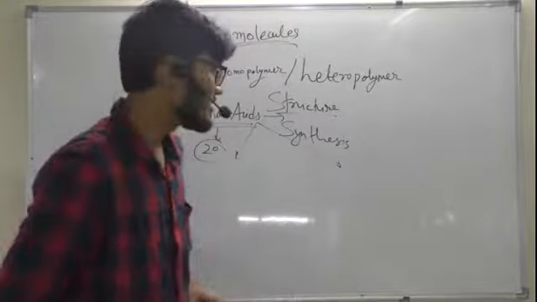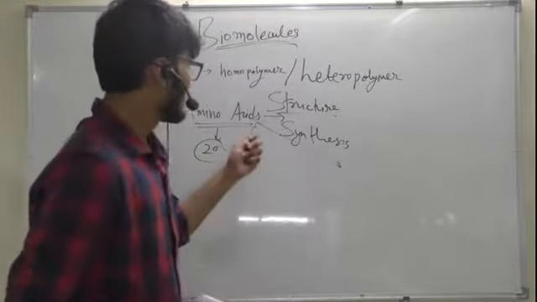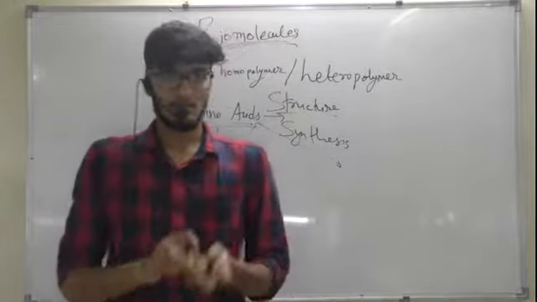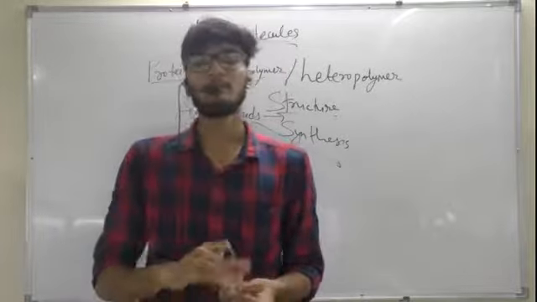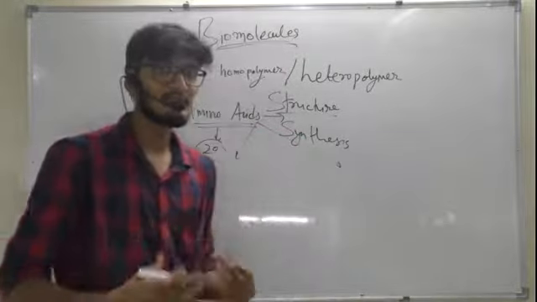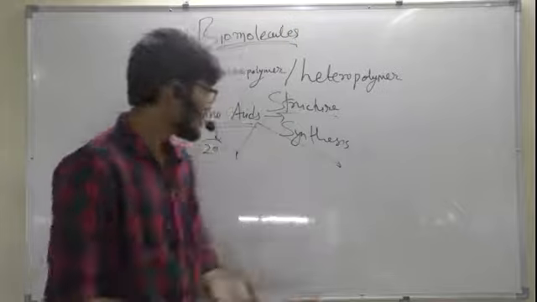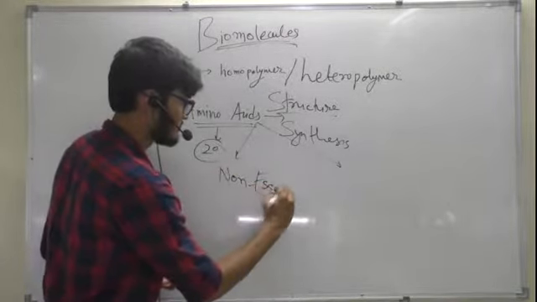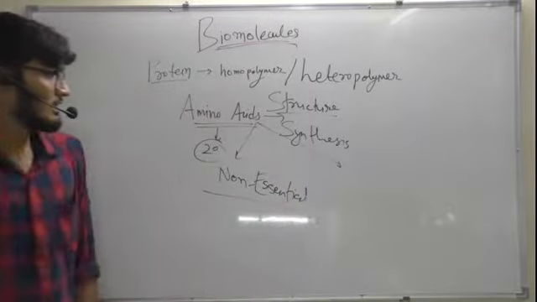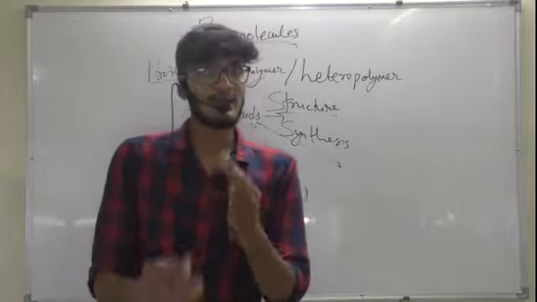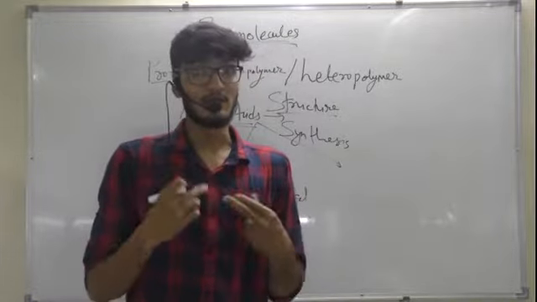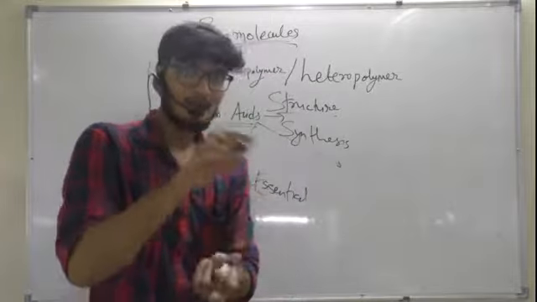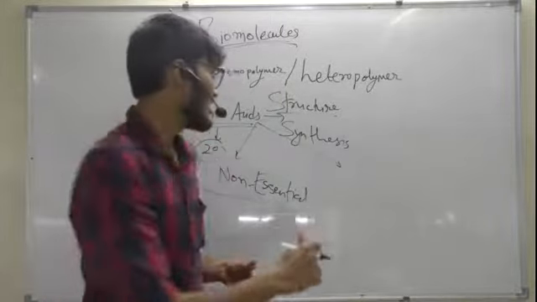If amino acids can be synthesized by the body, like we have talked about, out of these 20, those amino acids that can be synthesized by our own body are known as non-essential amino acids. And those amino acids that cannot be synthesized by our body, that means they only have to be obtained by diet, are known as essential amino acids.